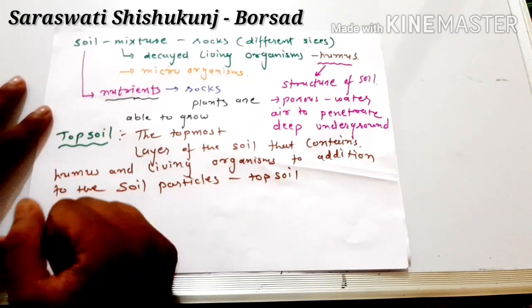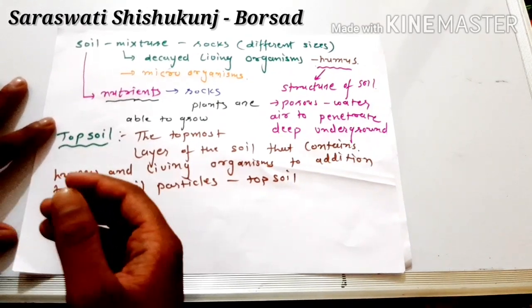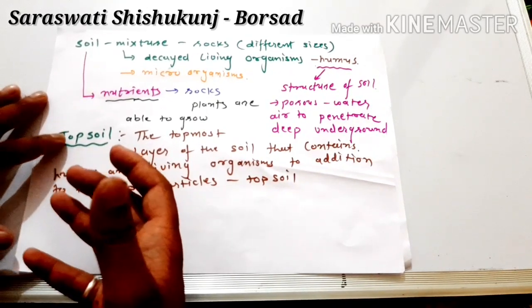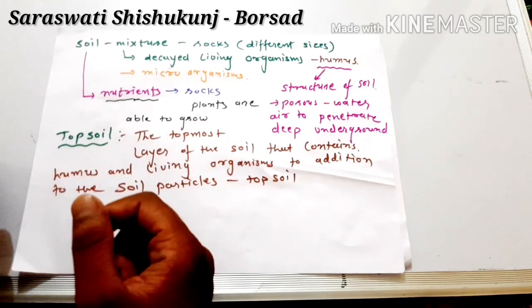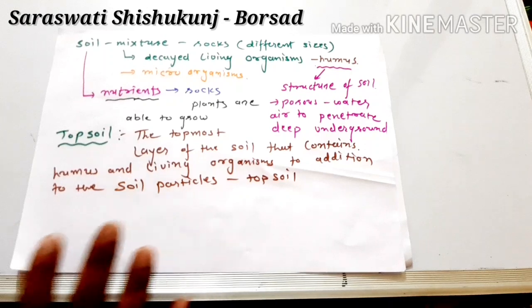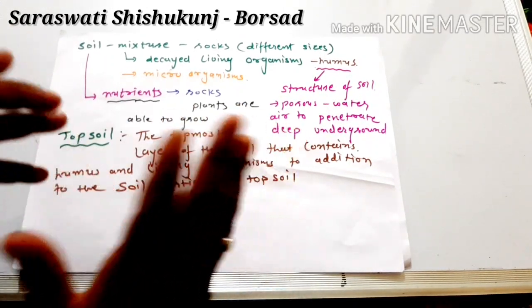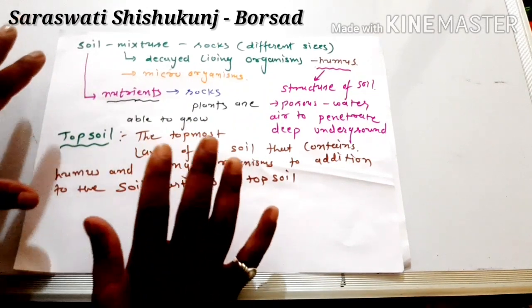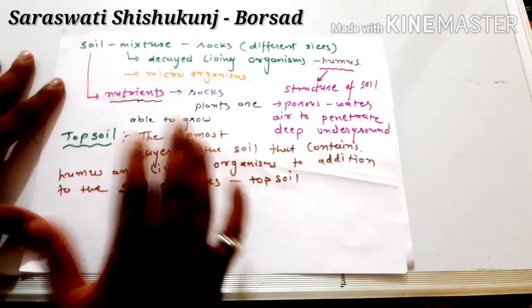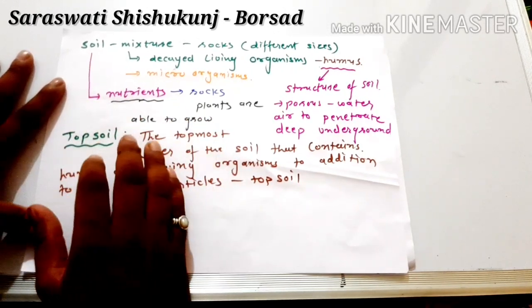According to topsoil, we can know what the biodiversity is, which type of plants can grow there, and which type of microorganisms are present, right? So the biodiversity of a particular area is decided by soil, and in soil it is decided by topsoil.